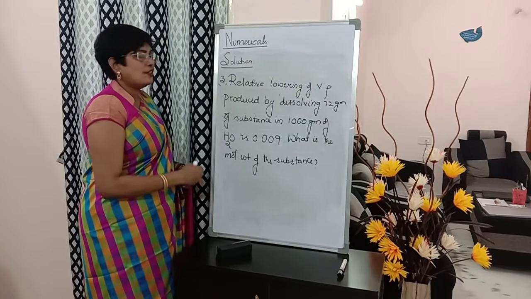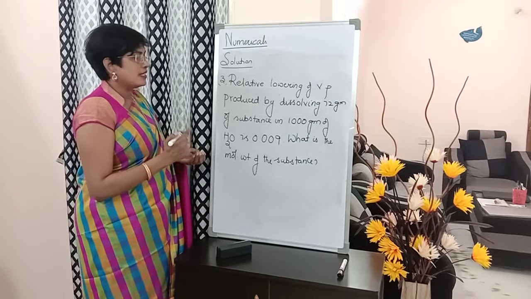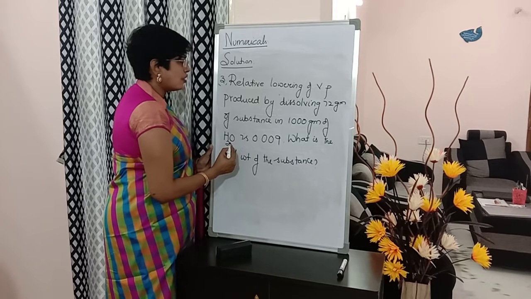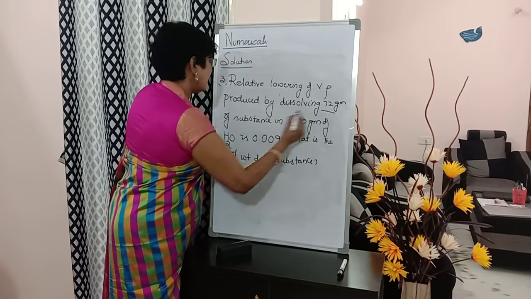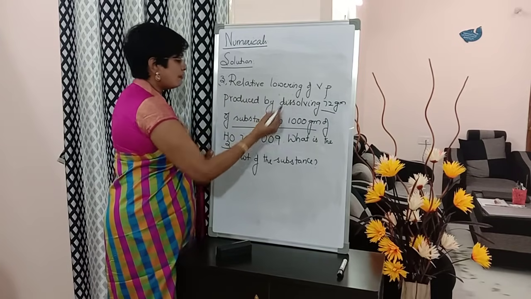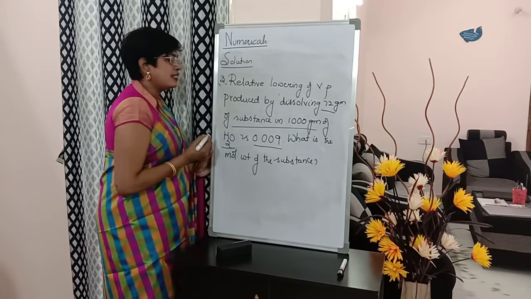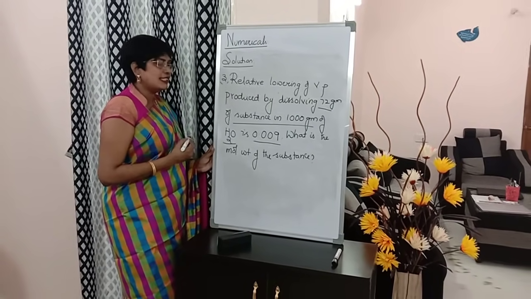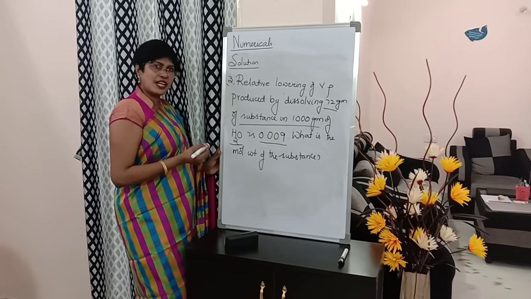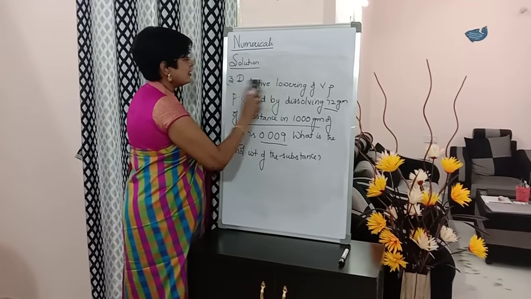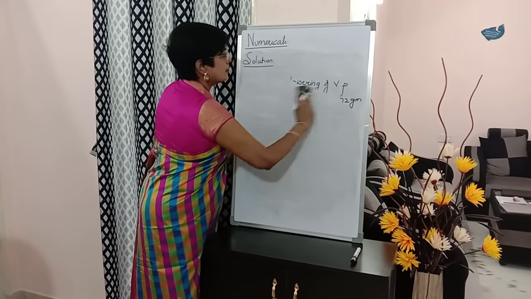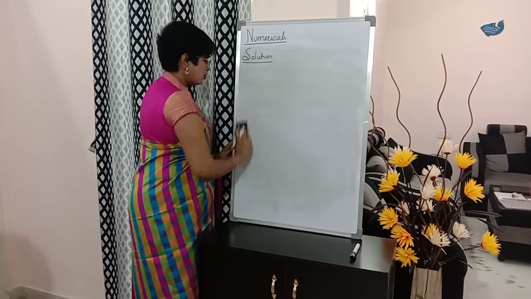Now, the solution. What is the solution, students? 72 grams of substance in 1000 grams of water. So, this is the solution. Now, relative lowering of vapor pressure, how much? 0.009. What is the molecular weight of the substance? Shall we do the solution? Right? Now, put the side heading solution.